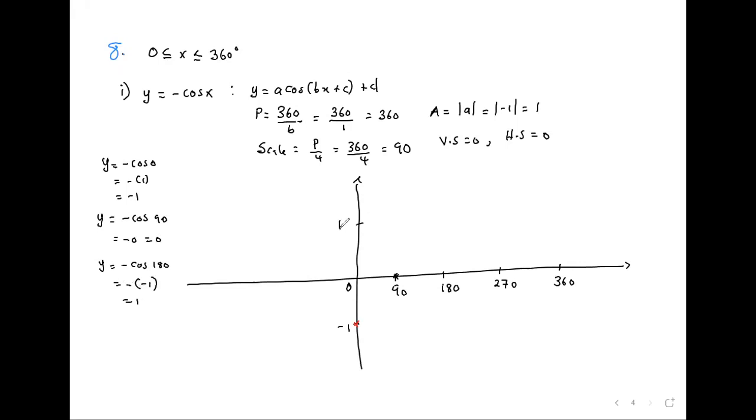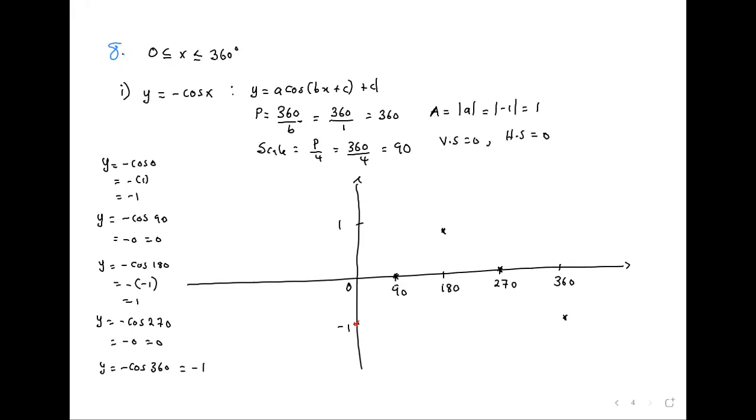So we have a point here. Then y is equal to negative cos 270. But cos 270 is 0. So you have -0, which is 0. A point there. Then y is equal to negative cos 360. Cos 360 is 1. So we get -1. So we have a point down here.